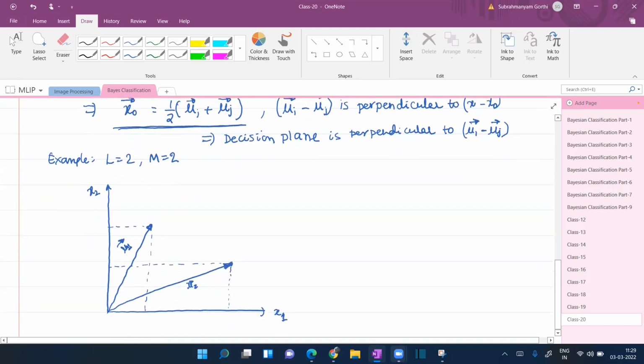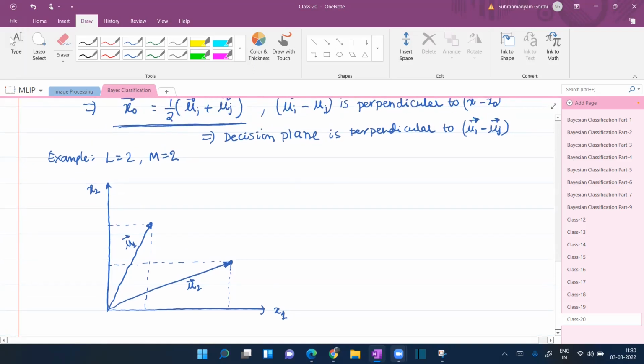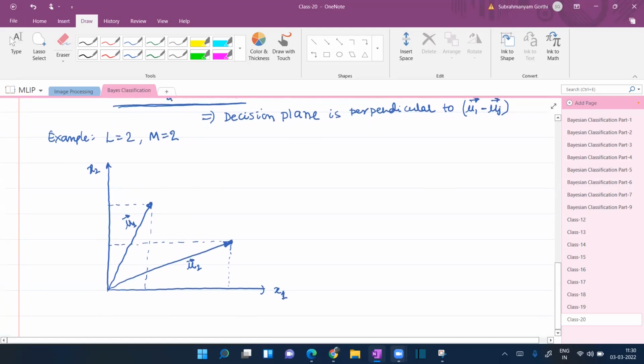Okay. Now, let's plot mu i bar. This is mu2 bar. Similarly, let me rewrite this also. This is mu1 bar. Now, in this case, mu1 bar minus mu2 bar.